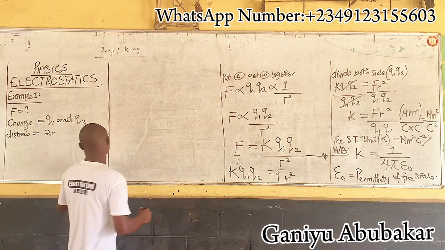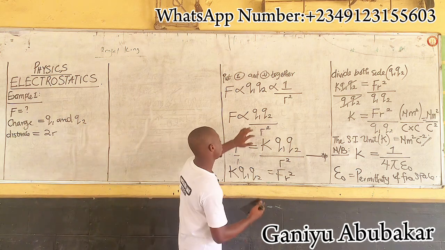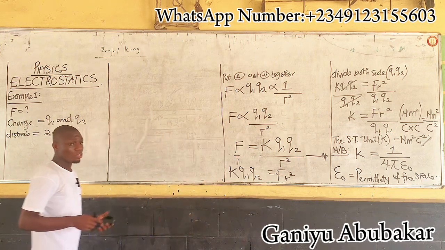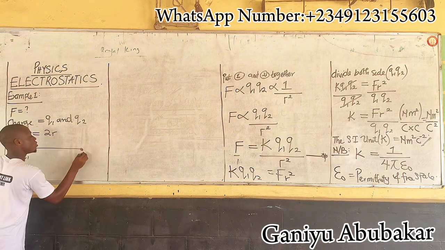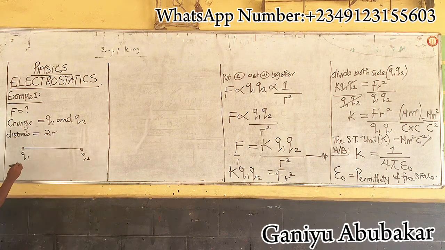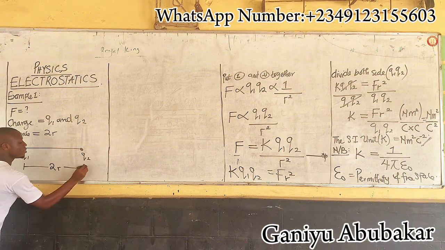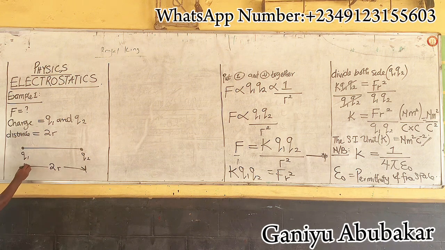So I'm going to express this in terms of my normal expression for the force of attraction. I have two charges, Q1 and Q2. The distance here is not just r, but 2r is my distance.